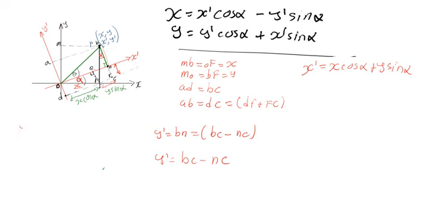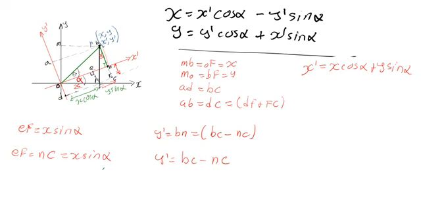So our EF is equal to x sine alpha, and we know our EF is our NC, which is now equal to x sine alpha, like that.